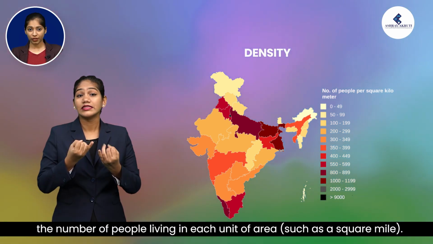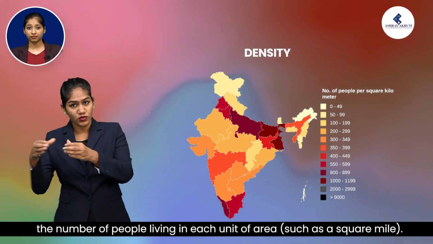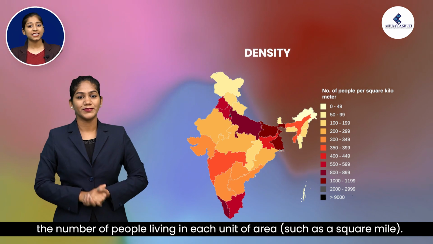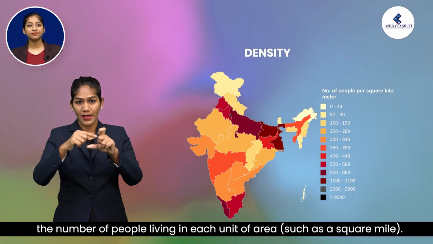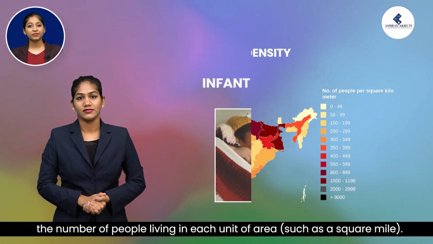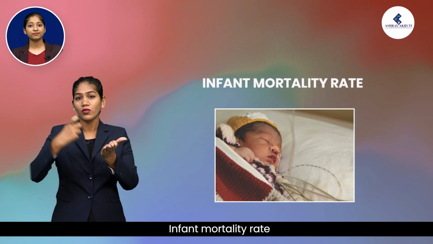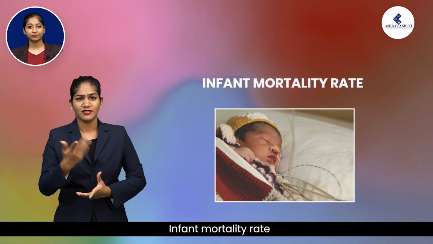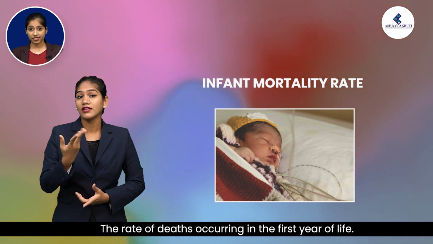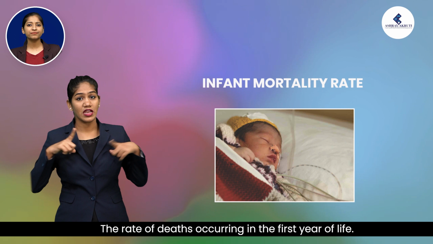The number of people living in each unit of area, such as a square mile. Infant mortality rate. The rate of deaths occurring in the first year of life.